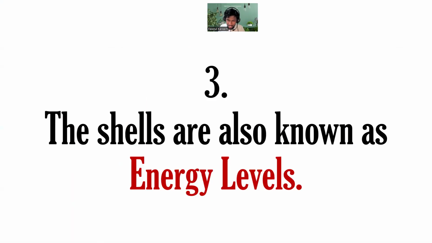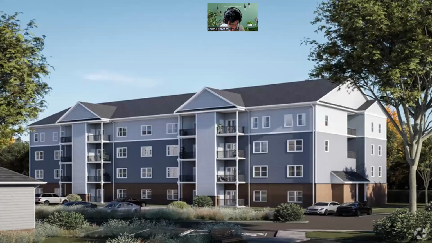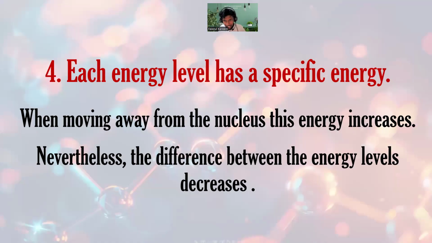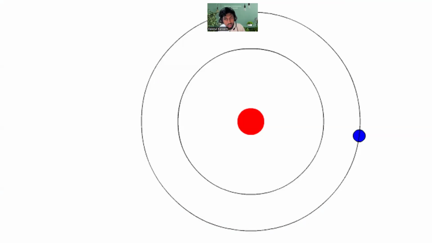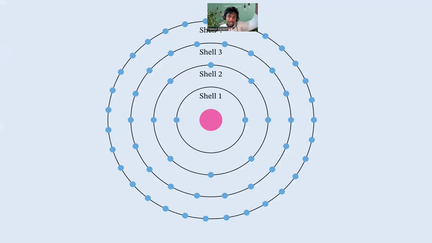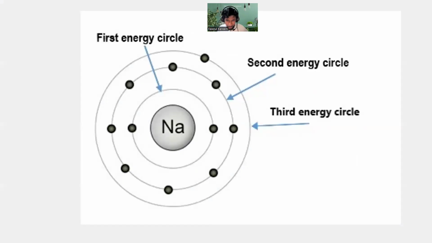And the shells are known as energy levels. Each and every energy level has specific energy, and also has space for a specific number of electrons. That means the first energy level has space only for 2 electrons, here 8 and here 18. And the fourth energy level has space for 32 electrons.